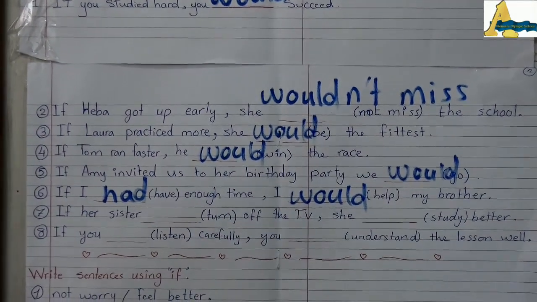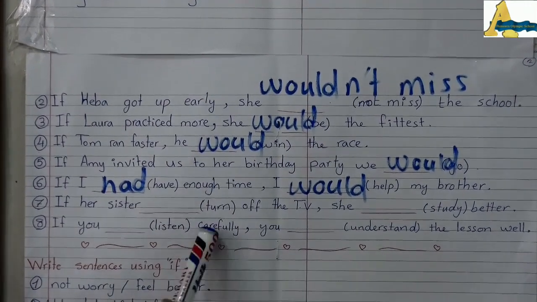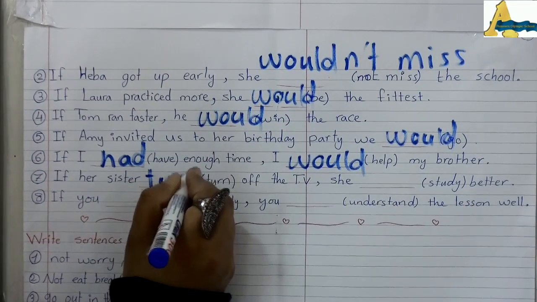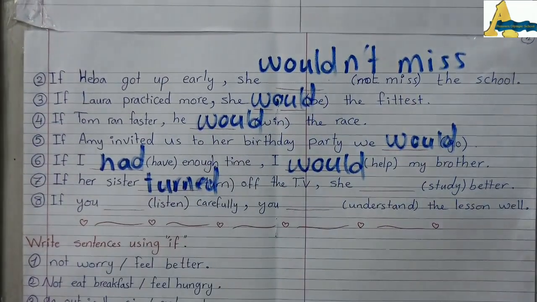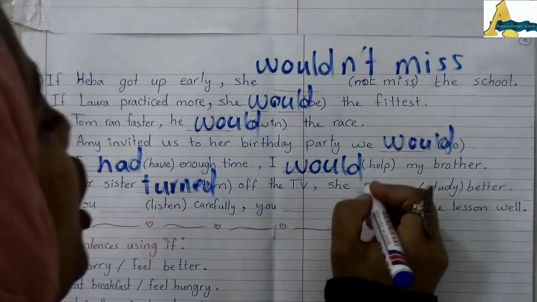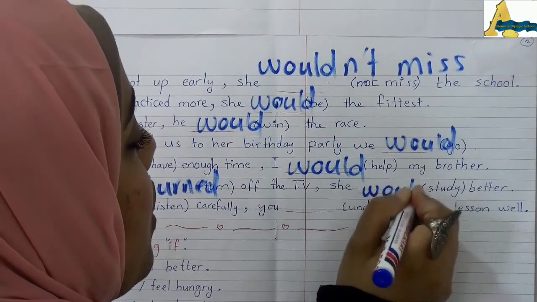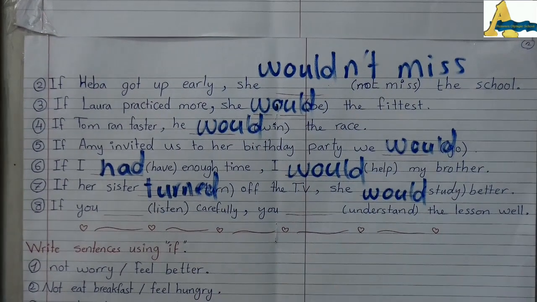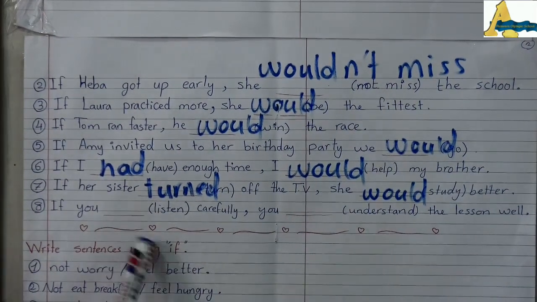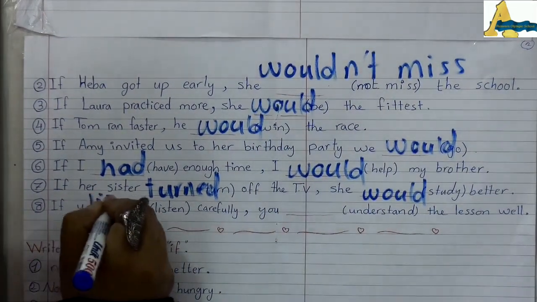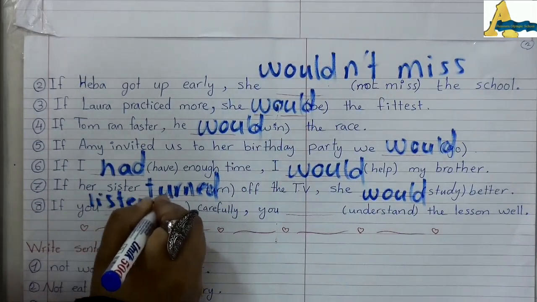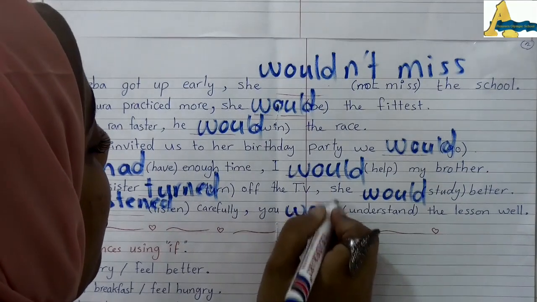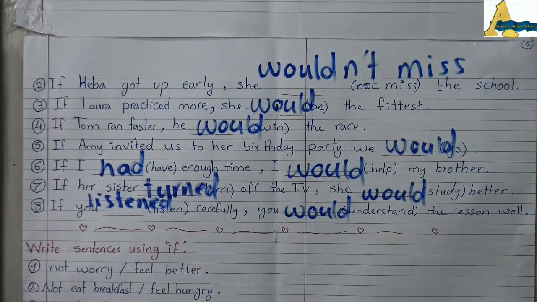Number 7, if her sister turned off the TV, of course turn is going to be turned off the TV, she would study better. Number 8, if you listened, excellent, carefully, you would understand the lesson well.